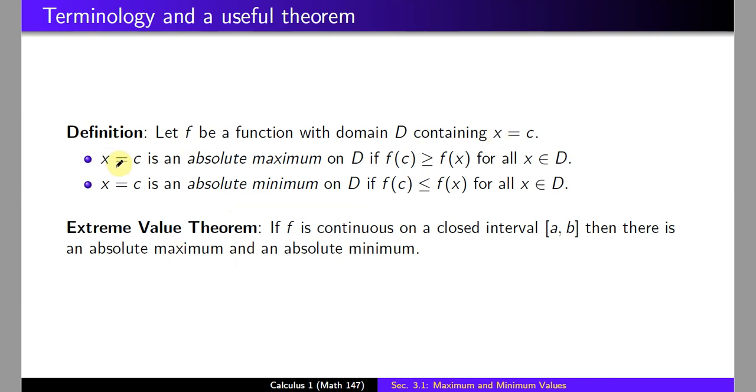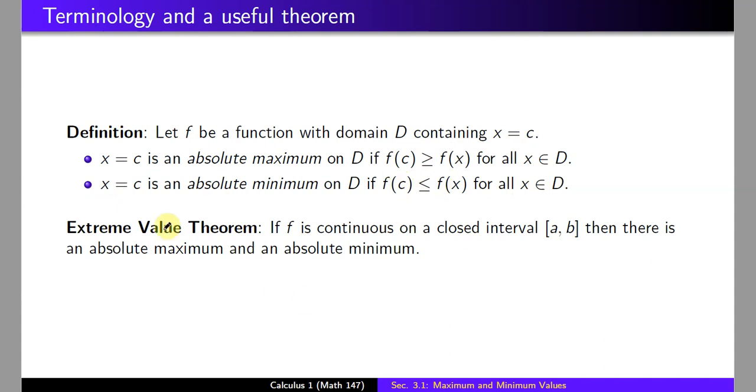We say that x equals c is an absolute maximum on D if f of c is bigger than or equal to f of x for all x in D. In other words, if that corresponding y value is bigger than or equal to any other y value that you'd get out of the function over the entire domain. It's an absolute minimum if when you plug that in, the y value you get out is less than or equal to any other y value that you'd get out throughout the entire domain.